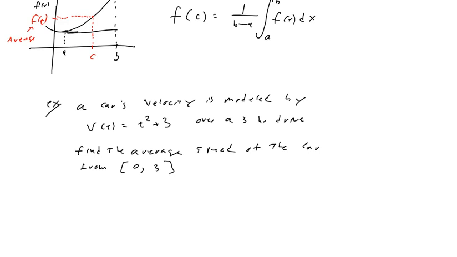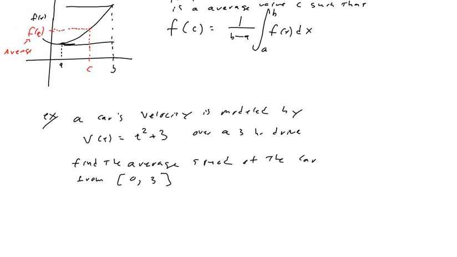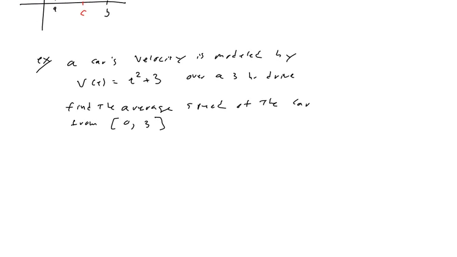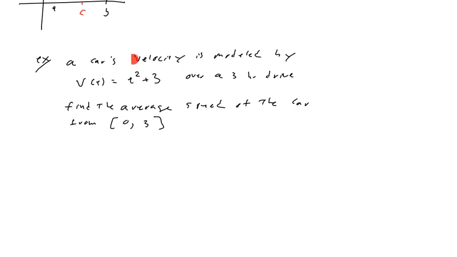Okay? So this is what we're looking for. We have some speed, some velocity, modeled by this equation over a 3-hour drive. And I want to know the average speed of the car if this was its speed. This is speed, everyone, speed.